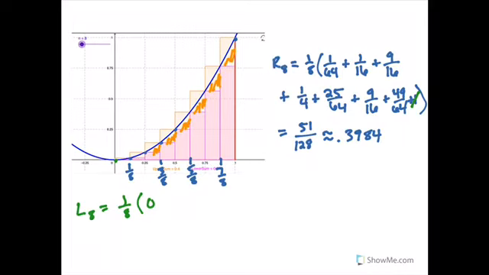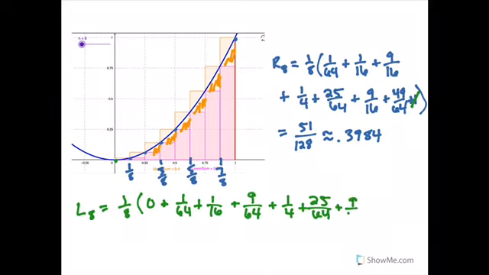So I've got 0 plus 1 over 64 plus 1 over 16 plus 9 over 64 plus 1/4 plus 25 over 64 plus 9 over 16 plus 49 over 64, and that comes out to be 35.